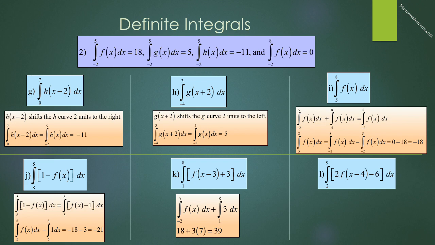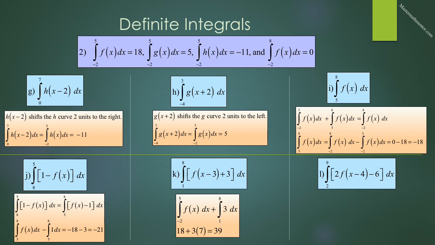In K, the integral from 1 to 8 of f of x minus 3 plus 3 dx, there are two shifts going on. First, realize that our f curve is shifted 3 units to the right, so this becomes the integral from negative 2 to 5 of f of x, and we then have the integral from 1 to 8 of 3 dx.